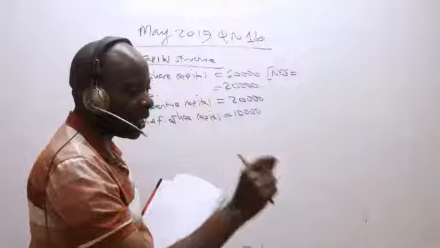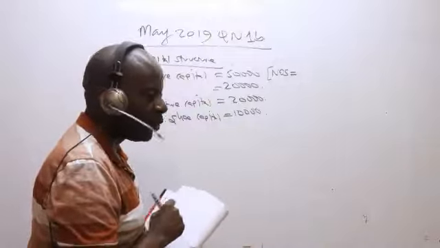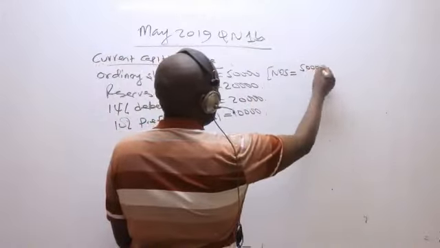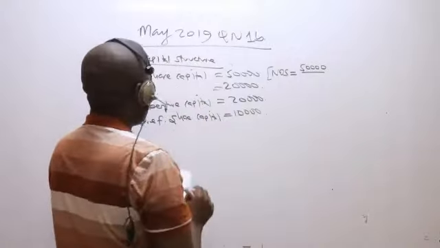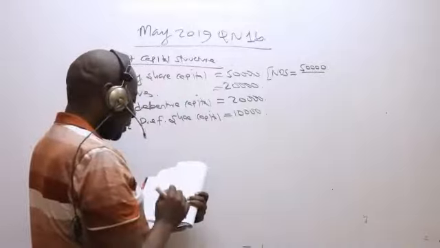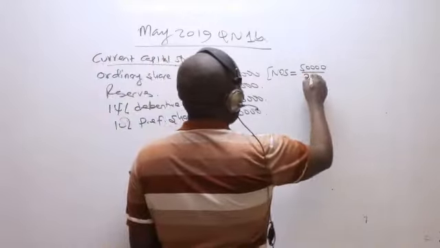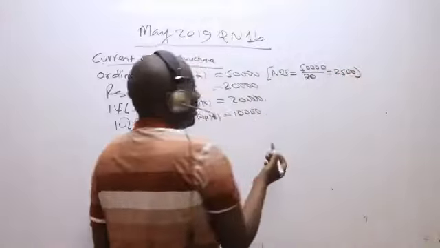You take the share capital given, 50,000, and you divide this by the par value. Have they given us the par value? Yes, 20. So that gives 2,500. Thank you very much. This is important.